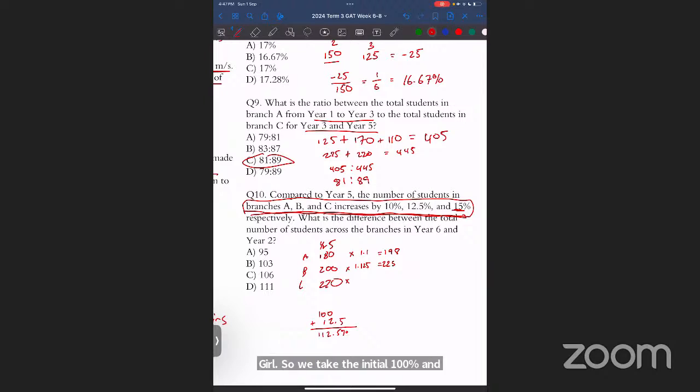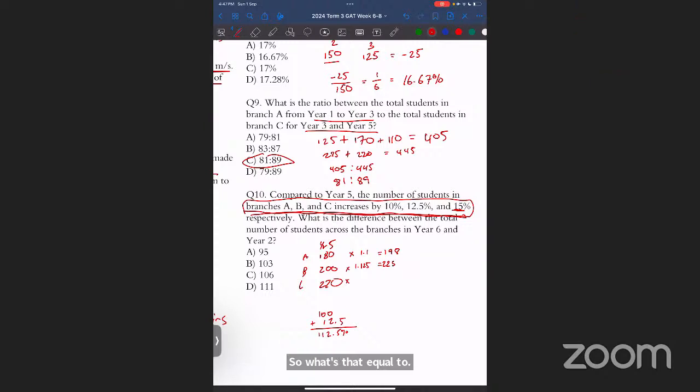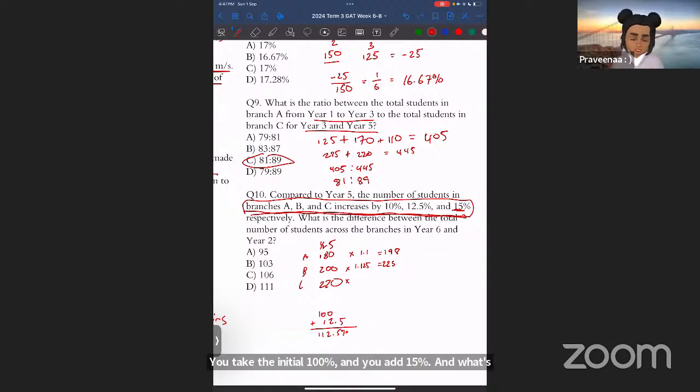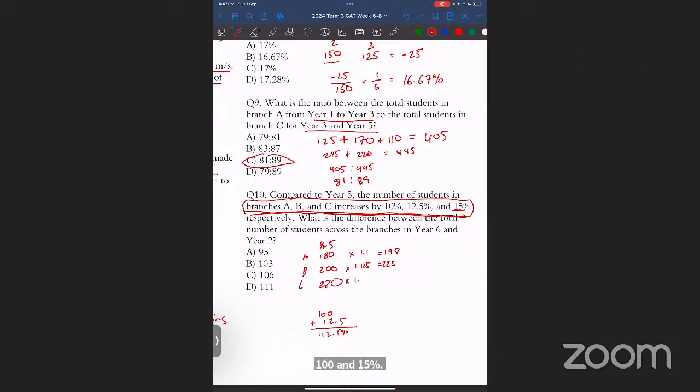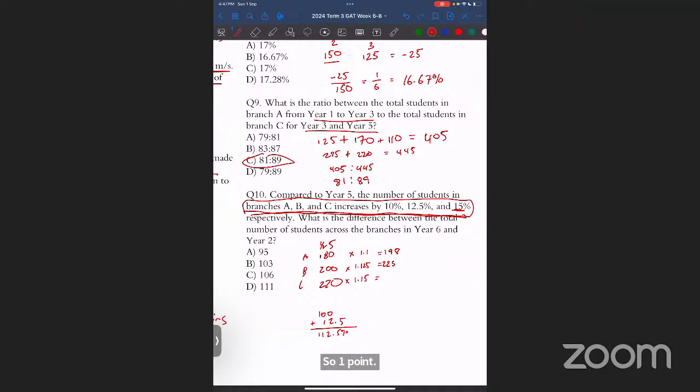So what's that equal to? 115%. And what's that as a decimal? 15% is 0.15, 100% is 1. So 1 plus 0.15 is 1.15. And then when you multiply that out, you get 253.